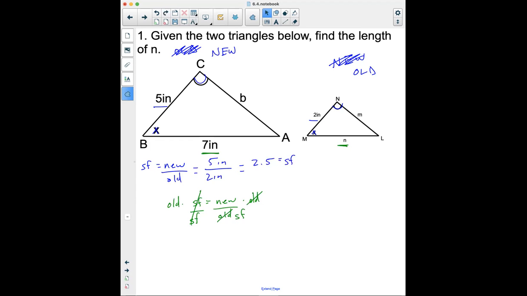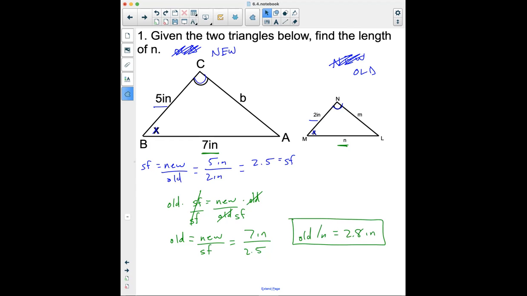After rearranging, old is equal to the new measurement divided by the scale factor. The new measurement we said was 7 inches, and the scale factor is 2.5. We punch those into a calculator, and we get our old, n, equaling 2.8 inches.